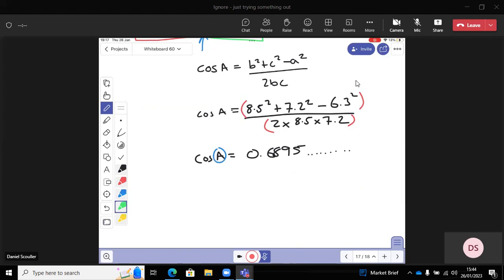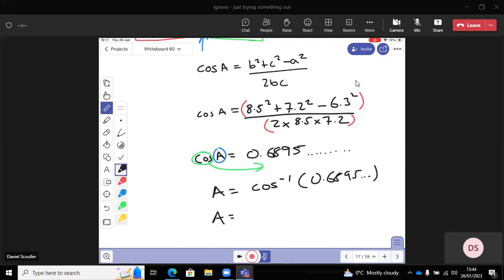So we need to move that cos over to the other side. And when you move sine, tan, or cos, it becomes cos to the -1. Now that's just a button in our calculator. So shift, then the cos button.